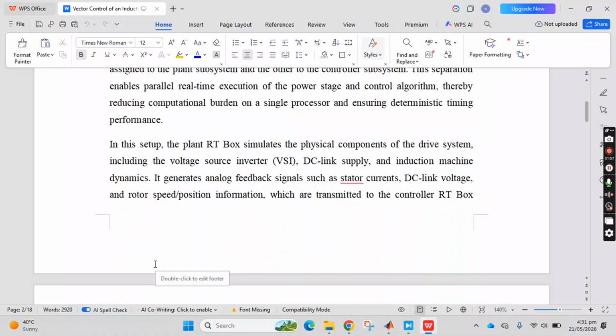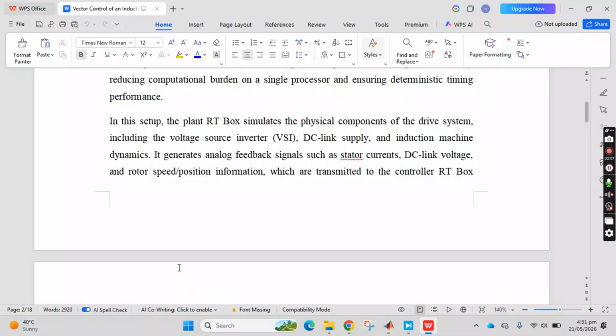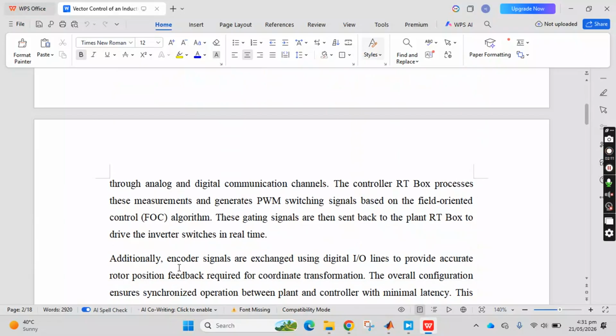The VSI (voltage source inverter), DC link supply, and induction machine dynamics generate the analog feedback signals, such as stator current, DC link voltage, rotor speed, and position information, which are transmitted to the controller RT Box. The PWM switching signals are generated based on the field-oriented control algorithm. These gating signals are then sent back to the plant RT Box to drive the inverter switches in real time.